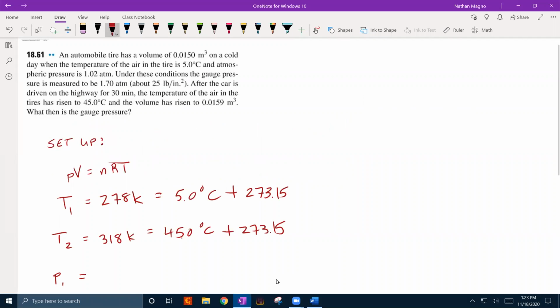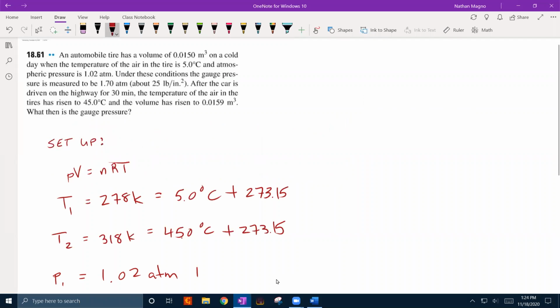Yeah, so the pressure, we're going to need the pressure of the gauge. I wish I had that with me, but it's when you stick it into your tire and then that little thing pops out and, you know, shows the pressure. But we need the atmospheric pressure added onto the gauge pressure as well, as Thomas said. So we'll use 1.02. That's the atmospheric pressure, in atm. And I think we're given the 1.7 atm gauge pressure.